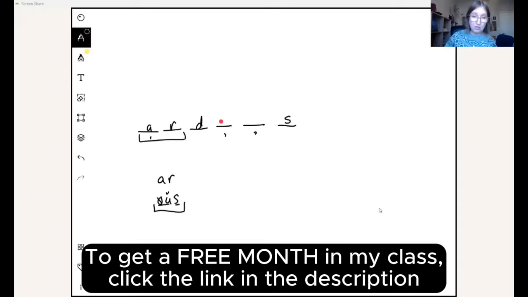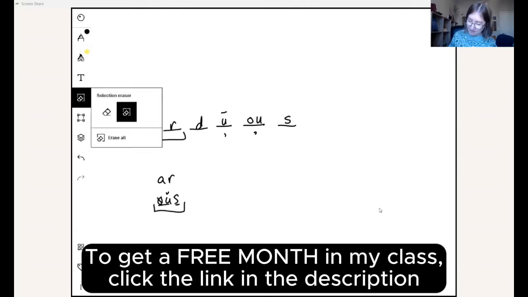D, U is spelled with a single U, and as long as there's another vowel in the next 1 or 2 spots, it's perfectly fine being spelled that way. And then here's our us that's spelled with an OU. Arduous. All right, take a look at arduous. And I'm going to ask you to spell it in a second.